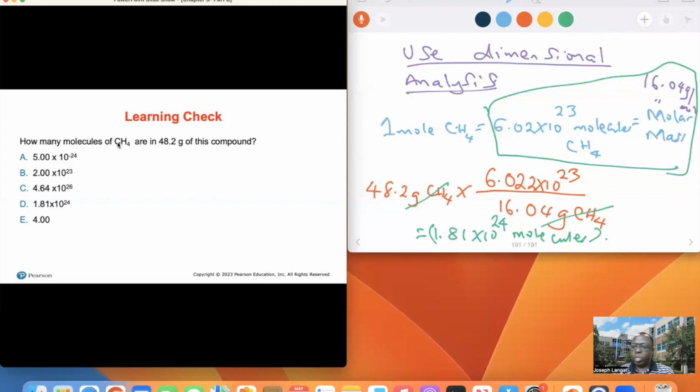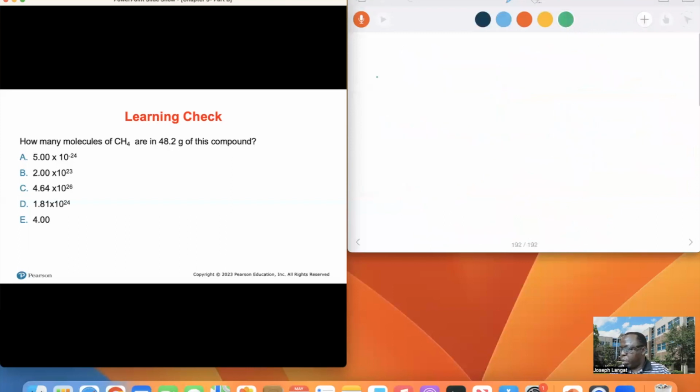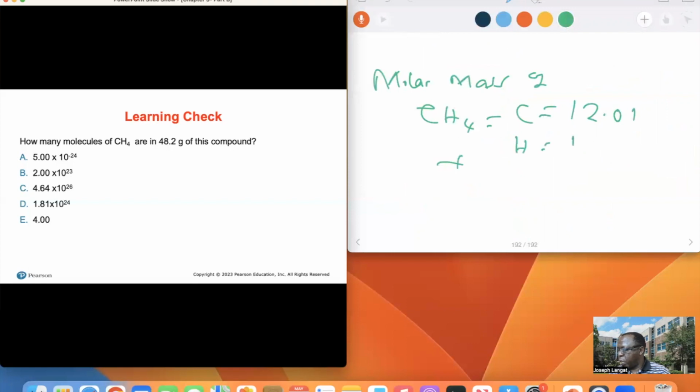One carbon weighs 12. By the way, the molar mass of CH4 is given by C equals 12.01 plus hydrogen is 1 times 1.01.